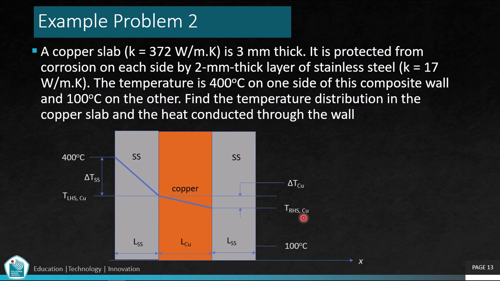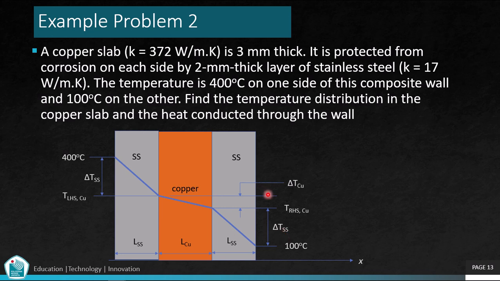And we know also that on the right side surface of the stainless steel, the temperature is 100 degrees C, and the temperature gradient will be something like this, and this is the delta T_SS, or delta T stainless steel.